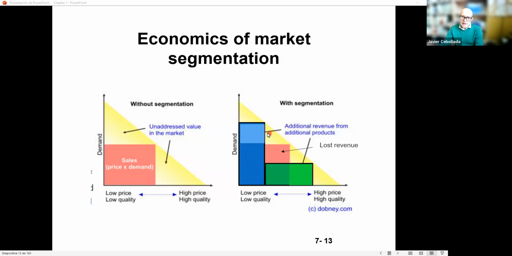The company might gain this additional light green revenues. And even though the company is going to lose this area here, at the end, the revenues will be higher segmenting the market than non-segmenting the market.